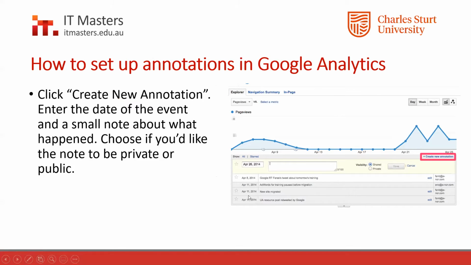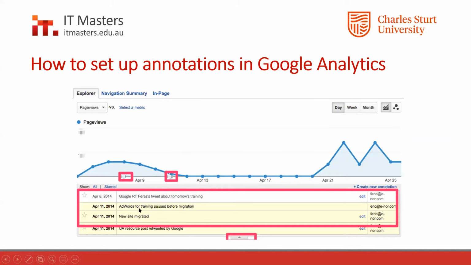See on the right there, create new annotation, and then you write down some commentary that relates to that. You can make them public or private as well. It's really important, like if marketing have done a big TV campaign, for example, it's just really good to have a bit of a history on it.